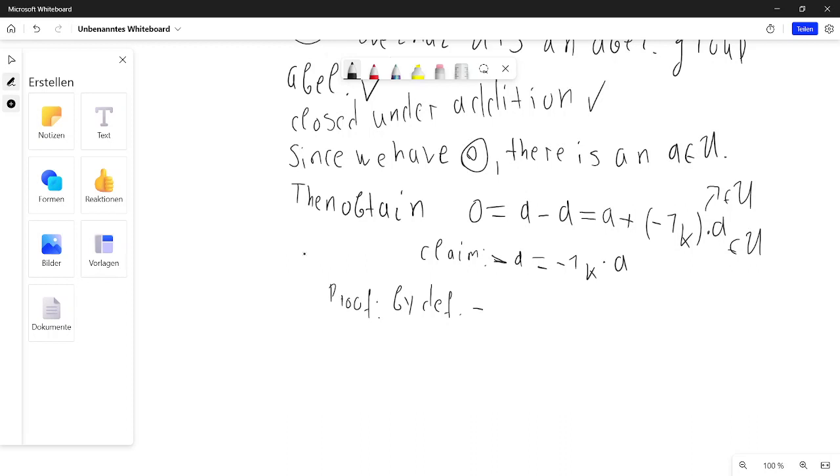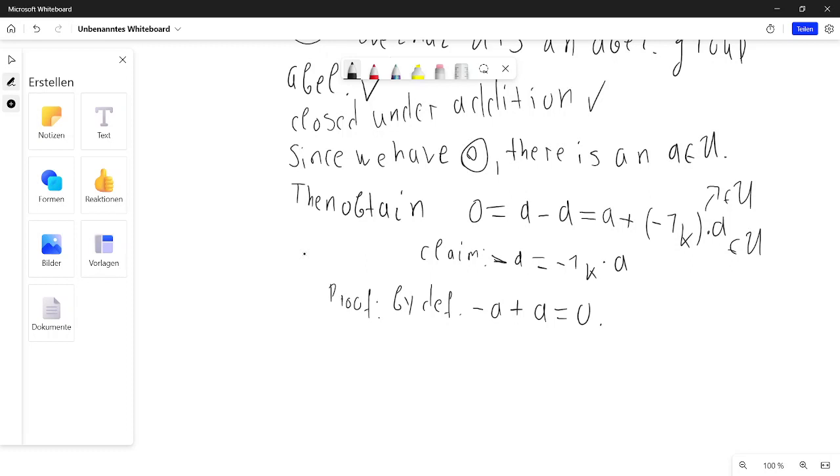By definition, minus a plus a is equal to 0, or a plus minus a is equal to 0. That is, minus a is defined by this property, and it is indeed unique.